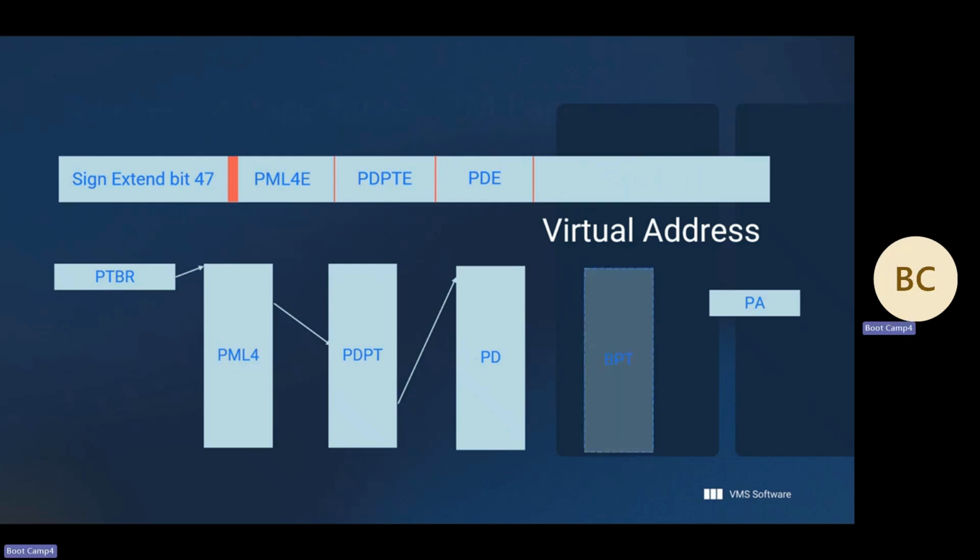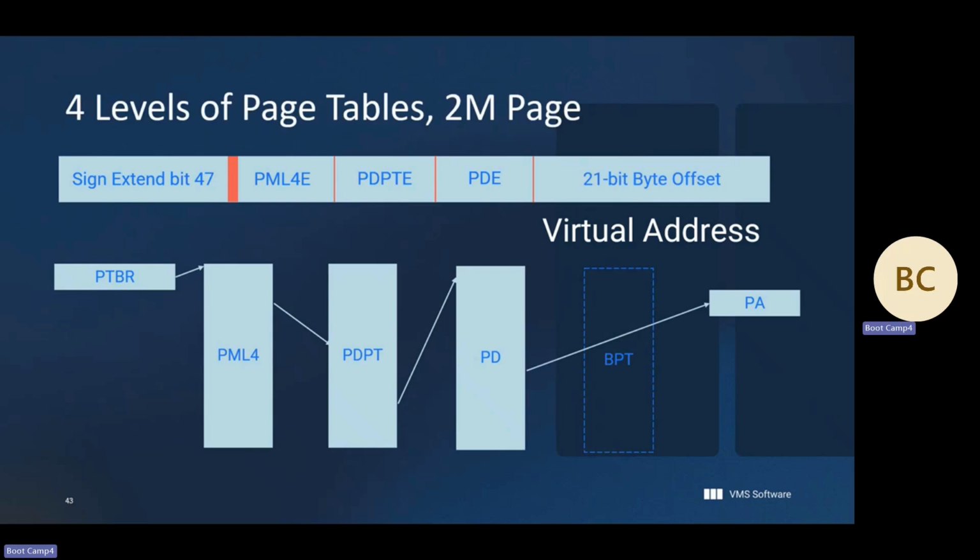The architecture allows you to have a 2 meg page. There is a bit in the page directory entry that says, I'm not the address of a bottom page table entry, I'm the address of physical memory. So we just bypass the bottom page table entry, and you now have a 2 meg page.